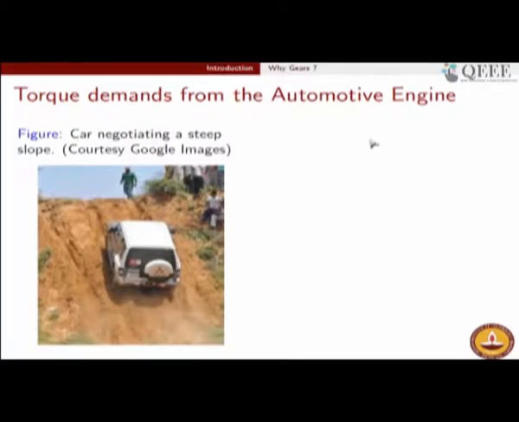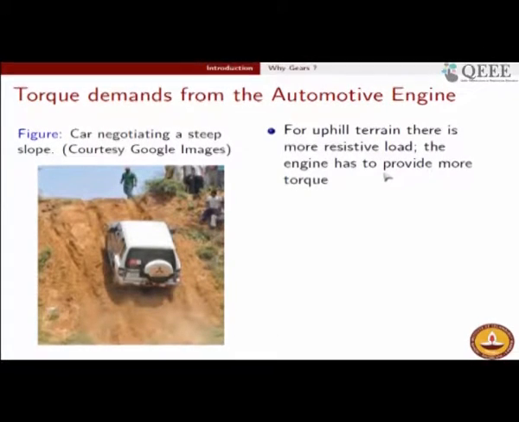For example, as you see in this picture, this vehicle is negotiating a steep upslope, and as the vehicle negotiates a steep upslope, a very high resistive load is encountered, because it has to work against a component of its own weight, right. So, just like while cycling uphill, you almost feel that someone is trying to resist you back.